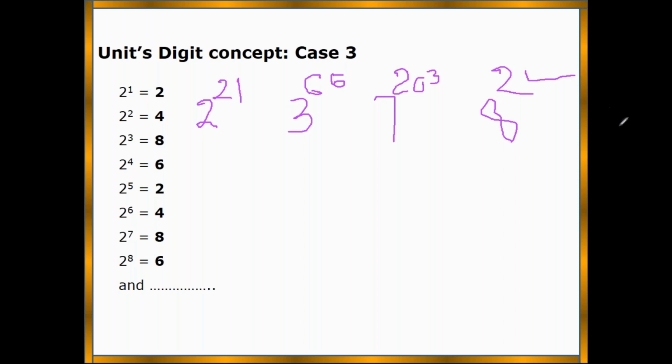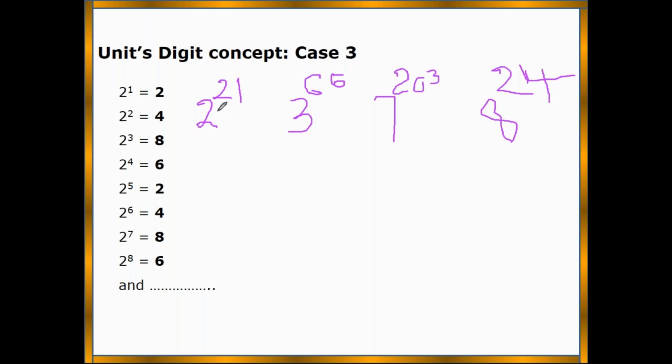Whatever the logic is there, it can be applied to the same. So whenever this is the given problem, 2 power 21, what is the last digit? 3 power 66, what is the last digit? If you understand the basics, we don't want to spend more time on the examples.